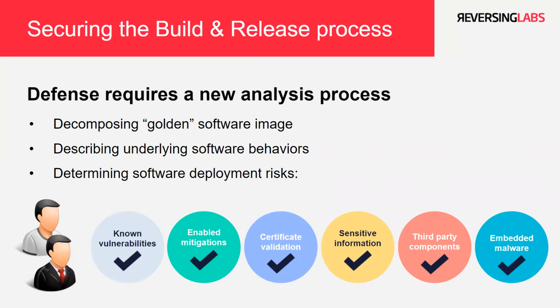Yes, they're going to look at, in most cases, some known vulnerabilities, but the next five items in general might not be addressed. What are you doing to check to ensure that various mitigations are enabled, some of these particular capabilities to help the system defend itself against attack?